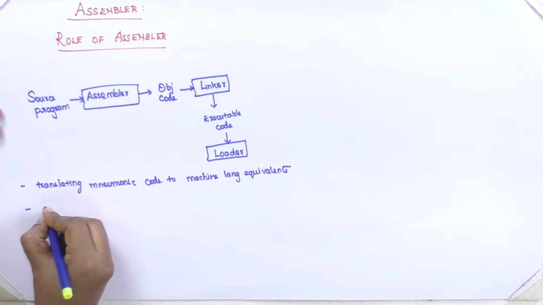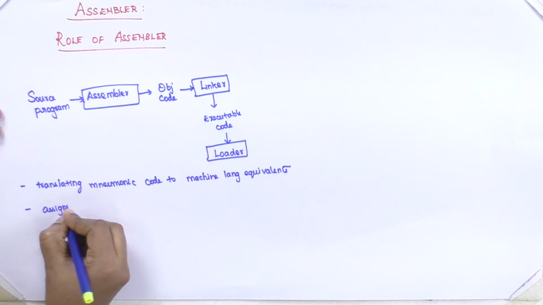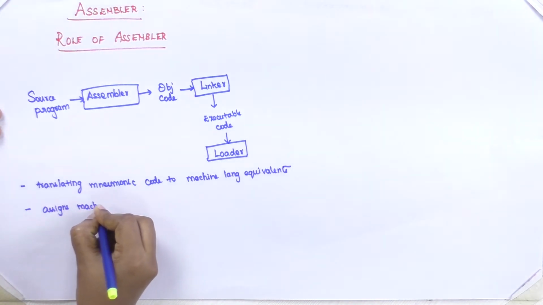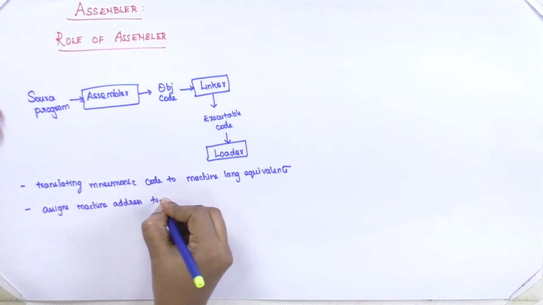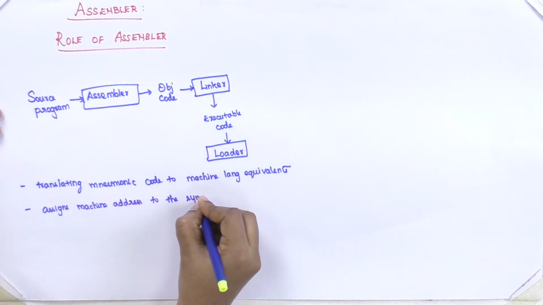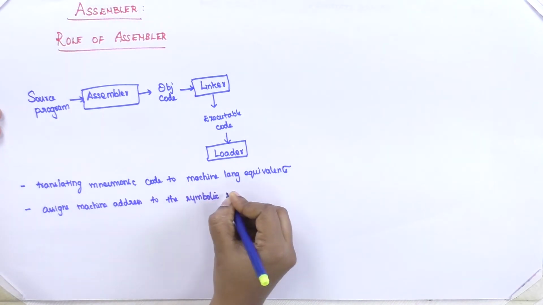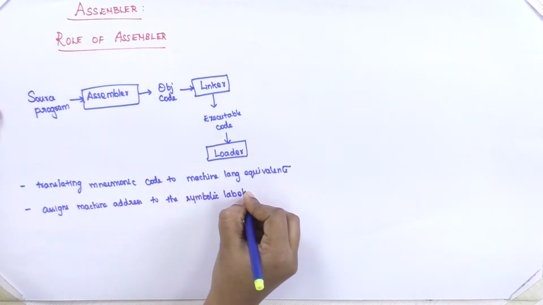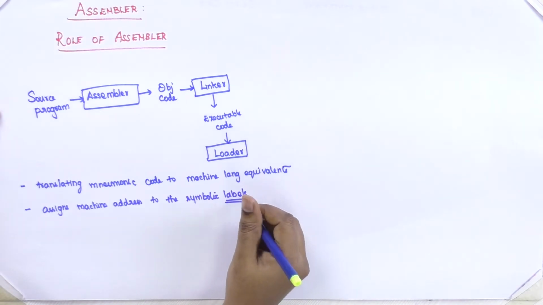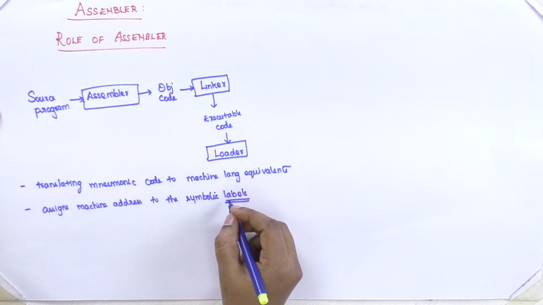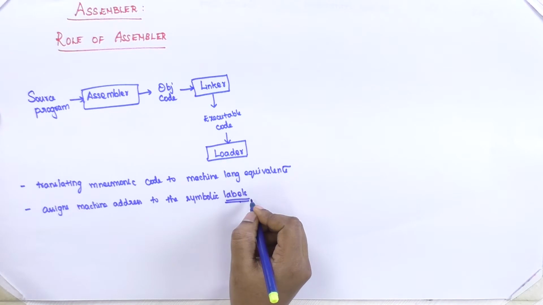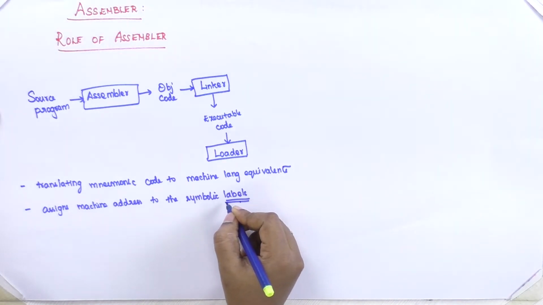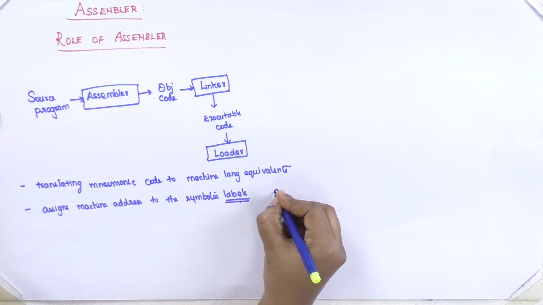Then it also assigns machine addresses to the symbolic labels. Symbolic labels are nothing but the user defined variables, called labels. So it assigns the addresses to the user defined labels. Usually a label once created by a user will be stored in memory using a symbol table.